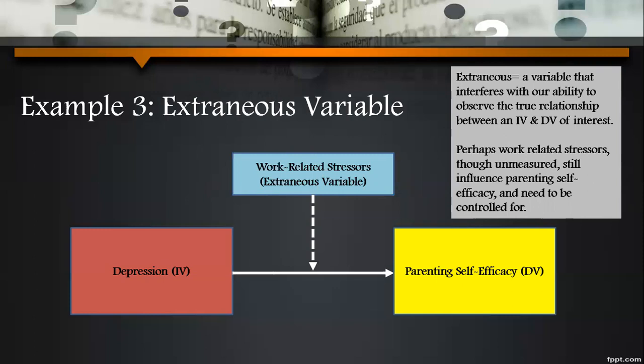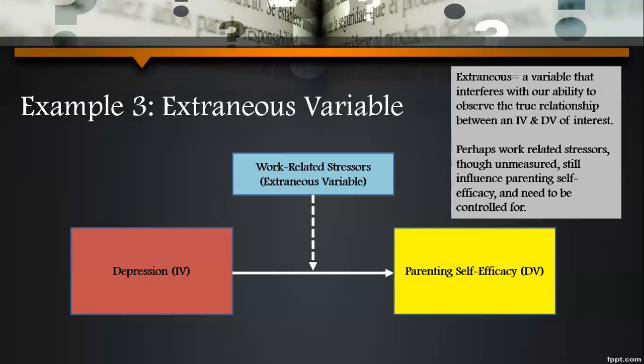A lot of times we find that because life and human nature are very complex, even though we think we're observing a direct relationship between depression and parenting self-efficacy, there could be other variables, which we call extraneous variables, that are at play. And so we need to take those things into account, right?